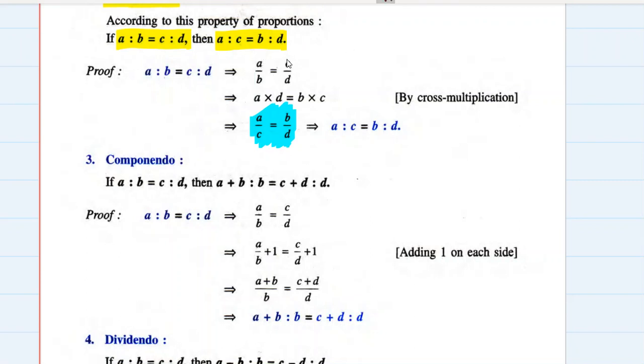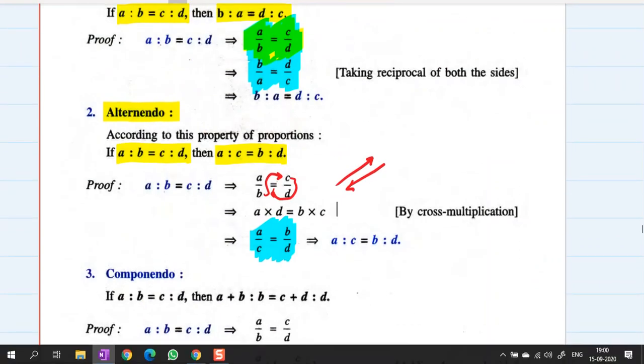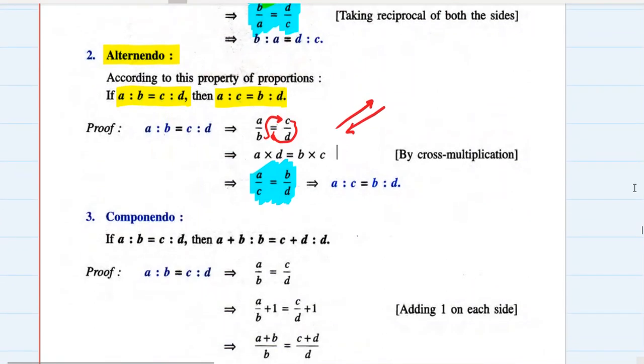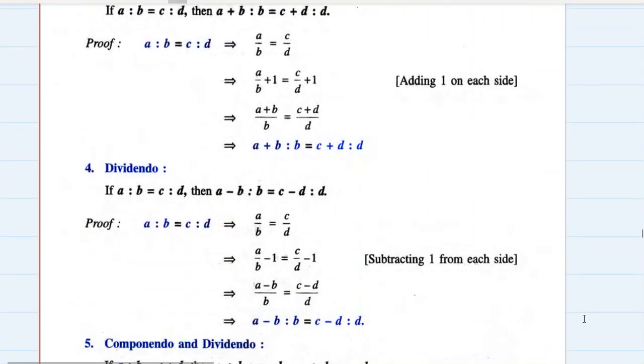C and B interchange their places. So there is a diagonal interchange of places happening, and that is alternando. So if A by B is equal to C by D, then we can say that A by C is equal to B by D.